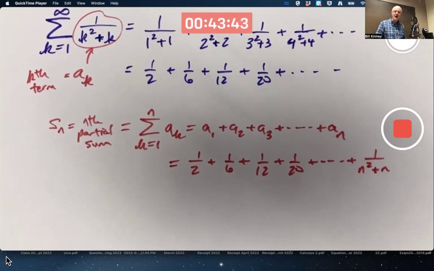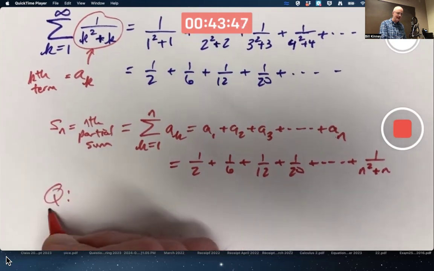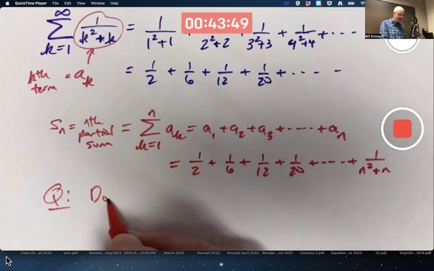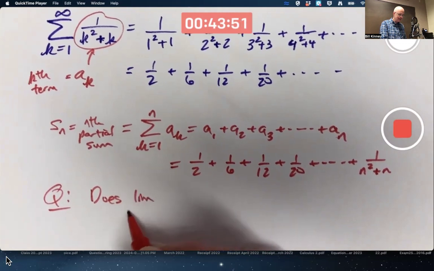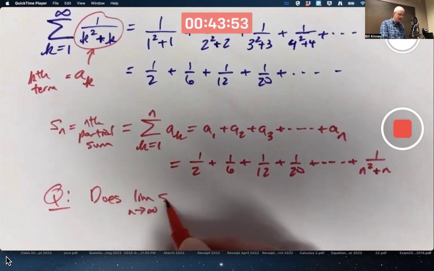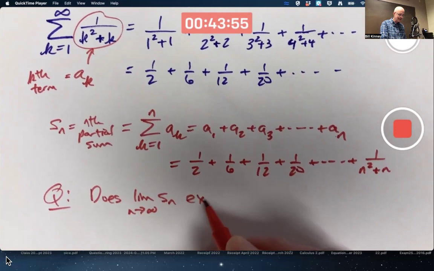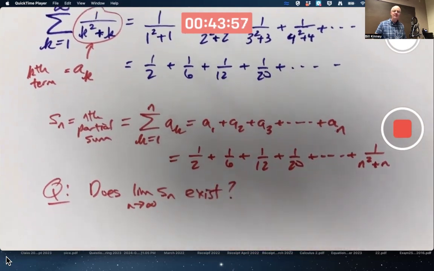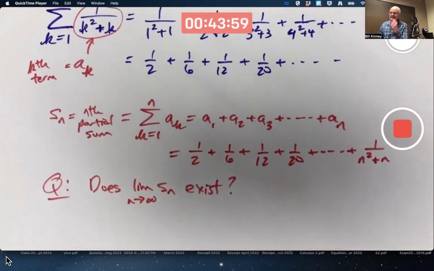That's the nth partial sum. The key question is, does the limit of that nth partial sum exist? If it does exist, if this sequence of partial sums does have a limit, we say it converges, and we also say the series converges.